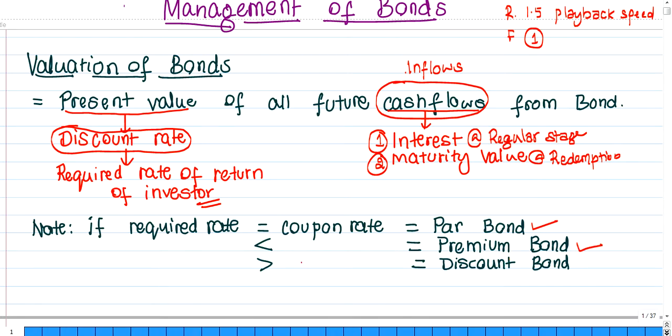If the required rate is more than the coupon rate, it is known as a discount bond. So there are 3 types of bond: par bond, premium bond, discount bond.